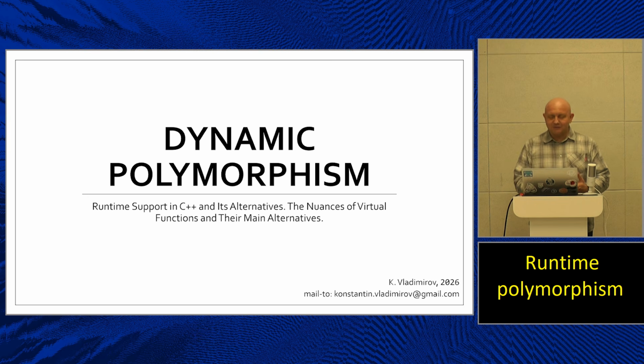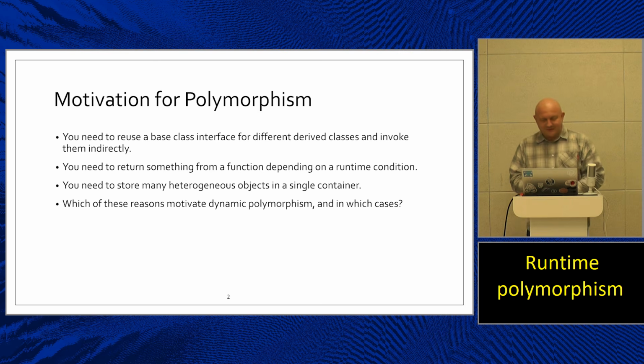Pause the video for a moment and think about it. Try to formulate the whole list of cases where we do really need dynamic polymorphism. And I will wait. 3, 2, 1. Okay. I hope it went right.